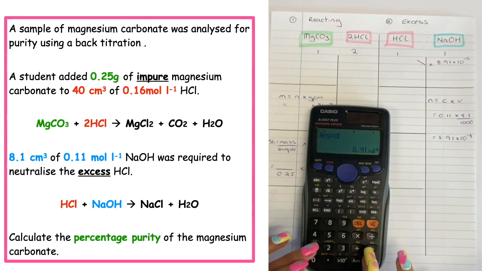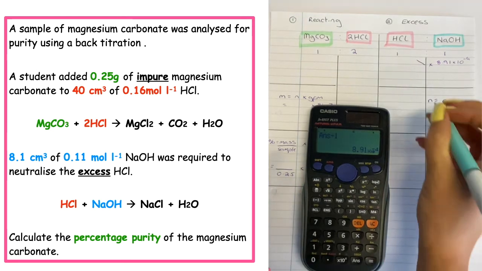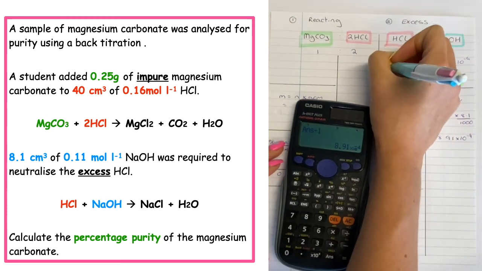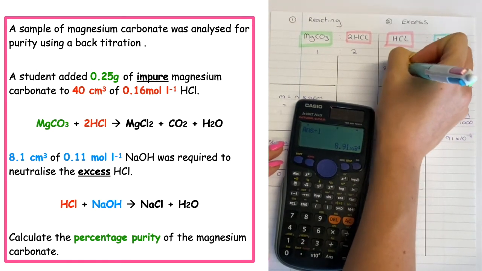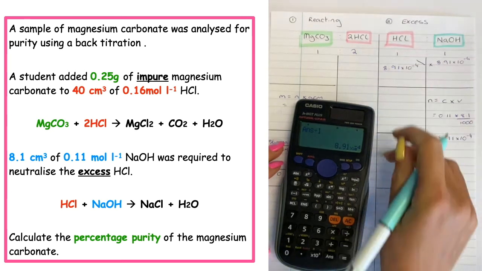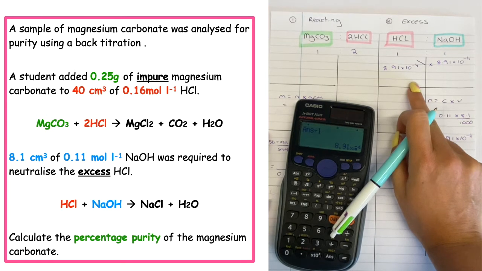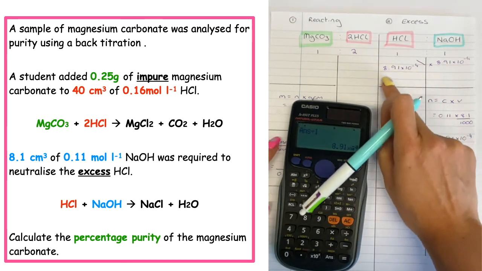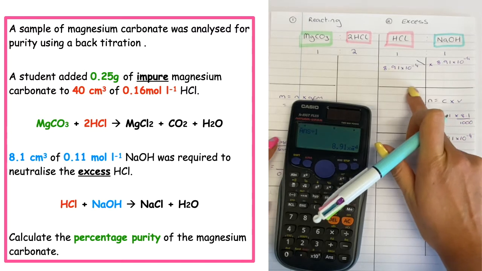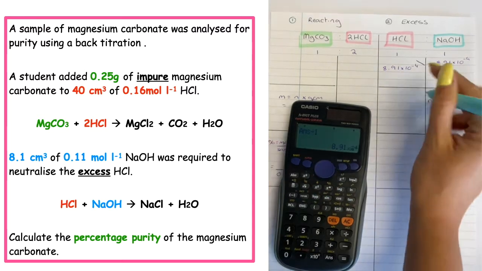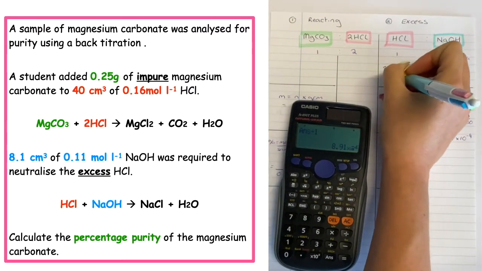Times by 1, divide by 1, same number of moles. So we've got 8.91 times 10 to the minus 4. Now, at this stage when we're reading the question, there's nothing there that mentions anything about an aliquot or a standard flask. So we don't actually have to scale for the number of moles for this particular question, okay? So this here is the excess moles.